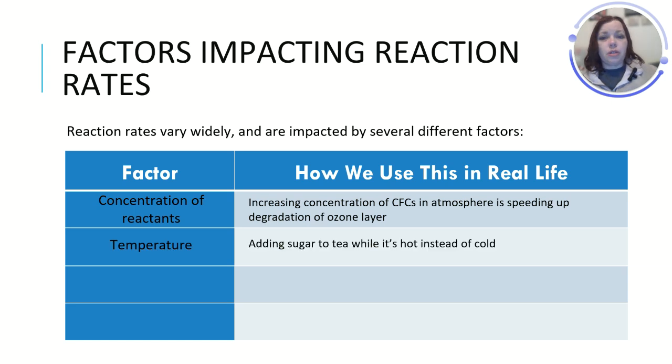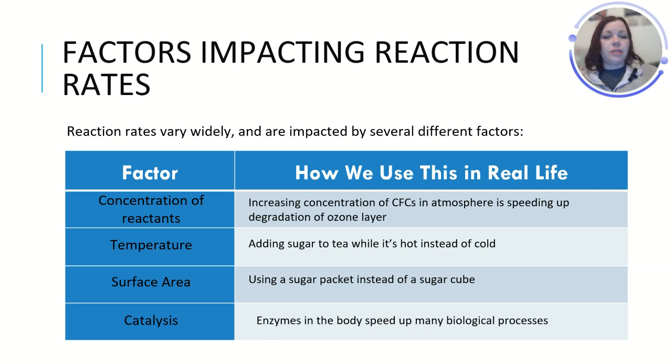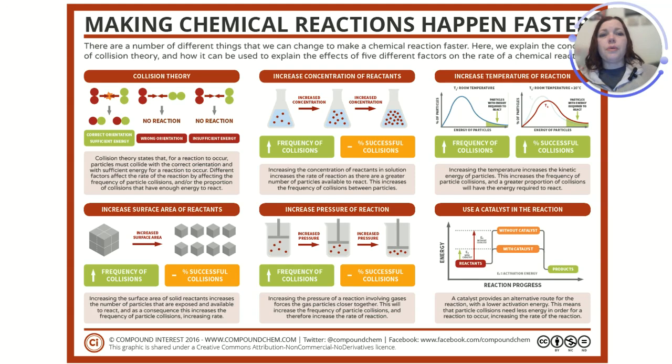We have temperature, adding sugar to tea when it's hot instead of when it's cold. It dissolves better when it's hot. Surface area, using a sugar packet instead of a sugar cube. And then catalysis. A great example of catalysis is enzymes in the body, which are used to speed up many biological processes. These factors are really nicely summarized in this graphic from Compound Interest.